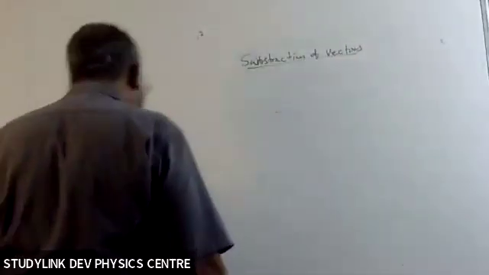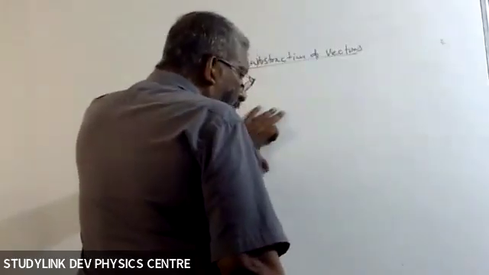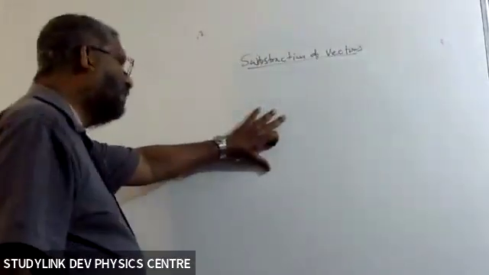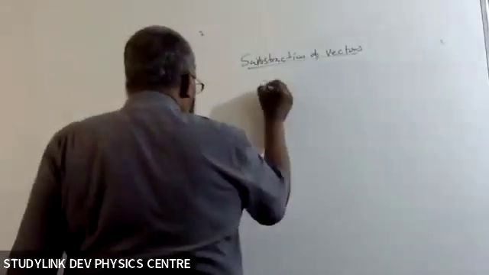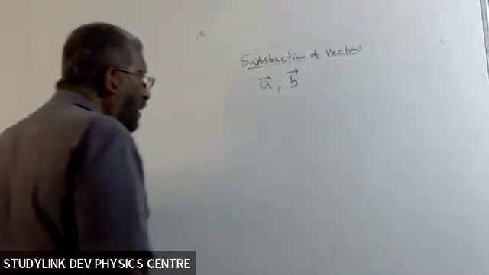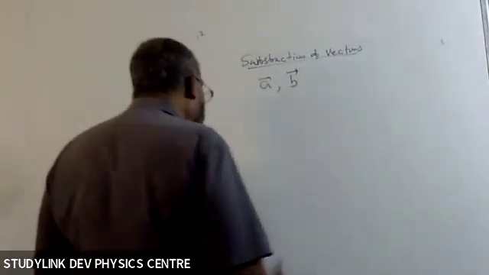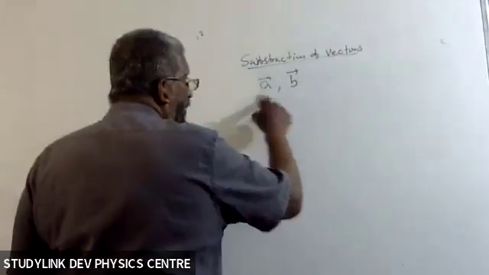Now subtraction of vectors means you have to deduct, right? We'll say A and B are two vectors. We want to deduct vector B from A.